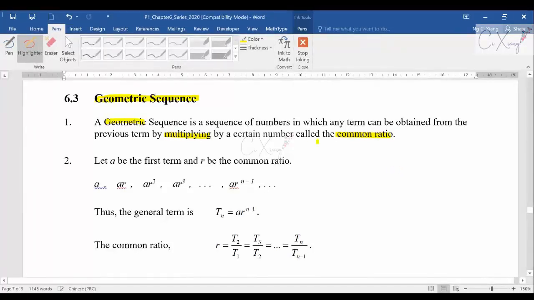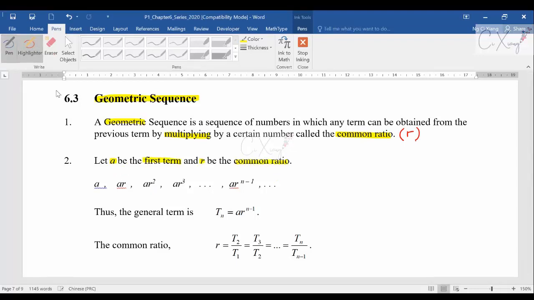For geometric sequence it is different, it is by multiplying a certain number. That certain number we call the common ratio. For a ratio, the standard symbol is R. Again, similar to arithmetic progression, A is the first term and R is the common ratio.